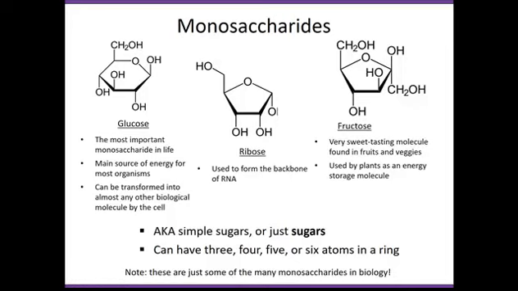Here we're just laying the foundation for learning what RNA is later on. So ribose is a monosaccharide that's part of RNA. In fact, if you look at the full name of RNA, ribonucleic acid, that ribo in the very first part of ribonucleic acid refers to this ribose.